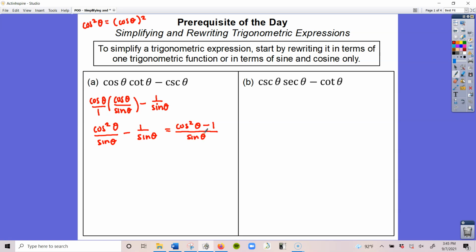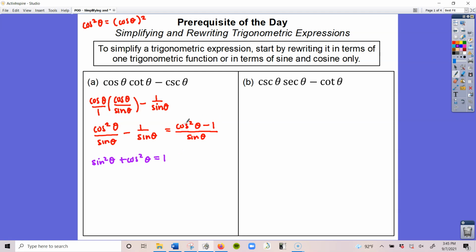Now, whenever you have a trig function that is being squared, that means we may need to use a Pythagorean identity. The Pythagorean identity that uses cosine squared is sine squared theta plus cosine squared theta is equal to 1.